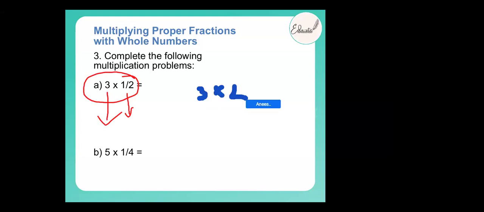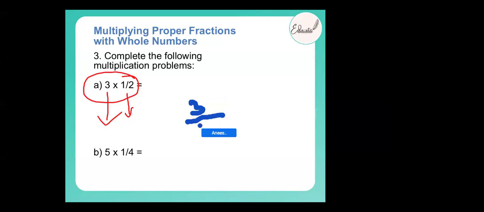3 multiplied by 1 over 2. So first you do, you put 3 over here. Yes. And then you put 1 over here. Excellent. And then you put a 1 over here.